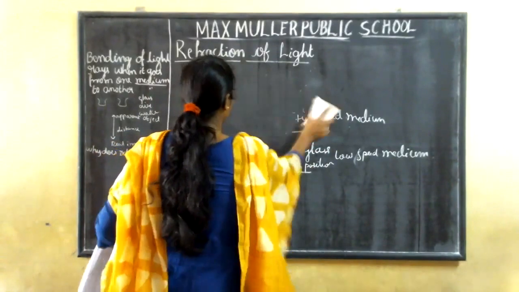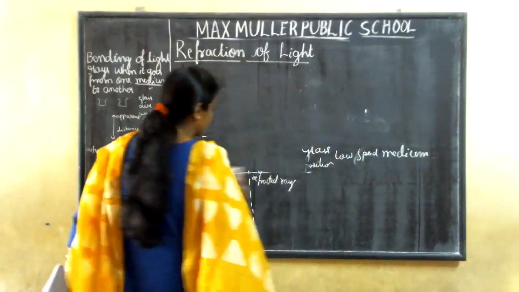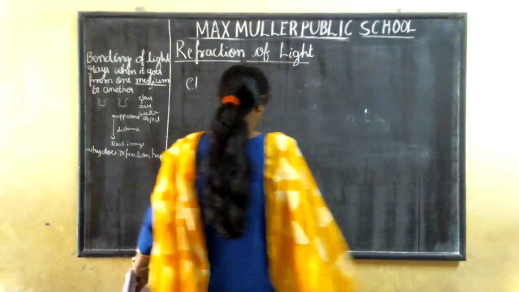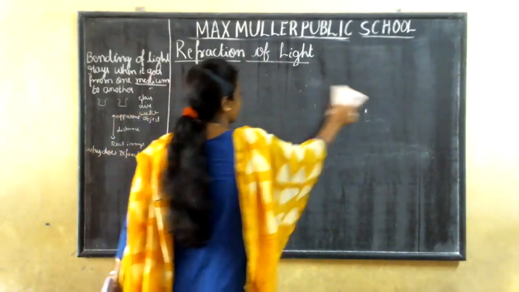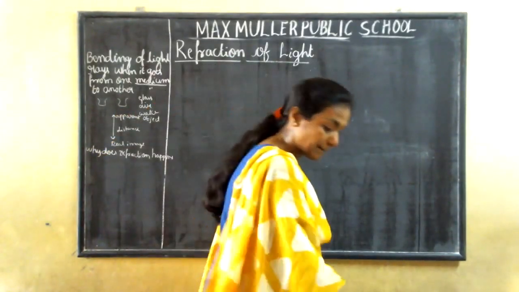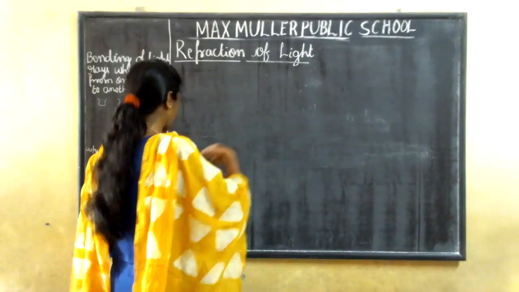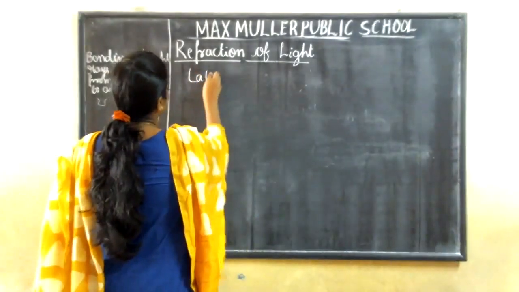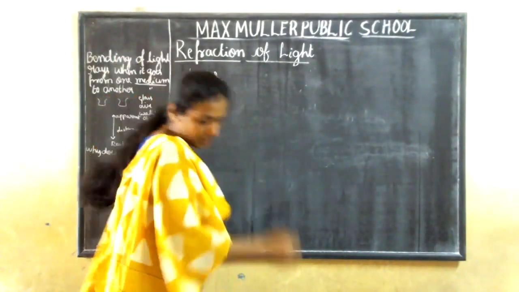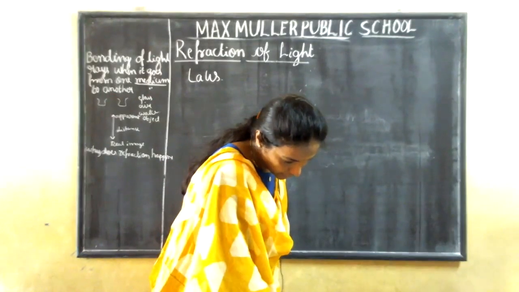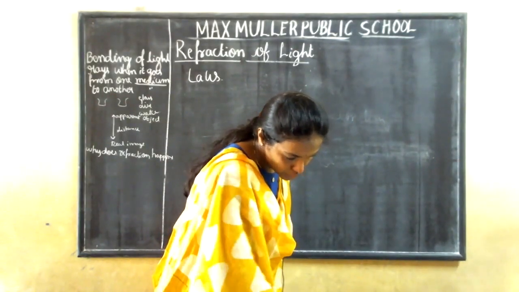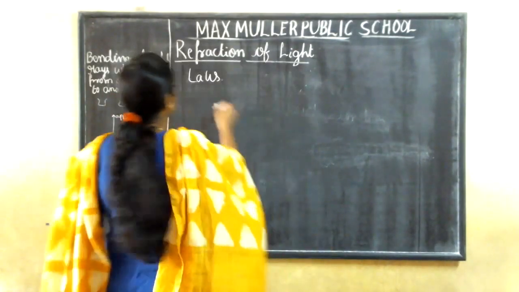What you need to study here? Laws of refraction. In this, you are going to study how much it is going to bend. In your textbook, page number 84, they have given the laws of refraction of light.